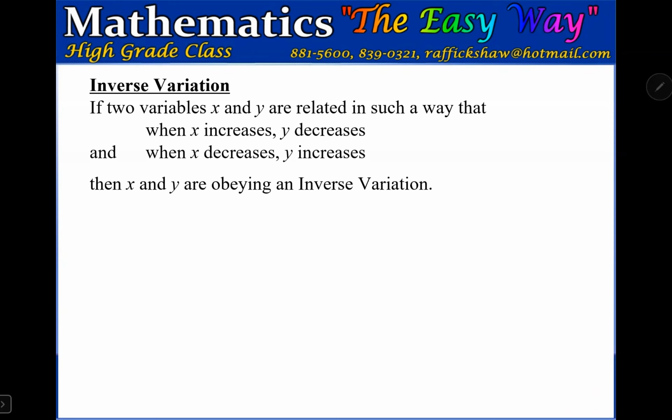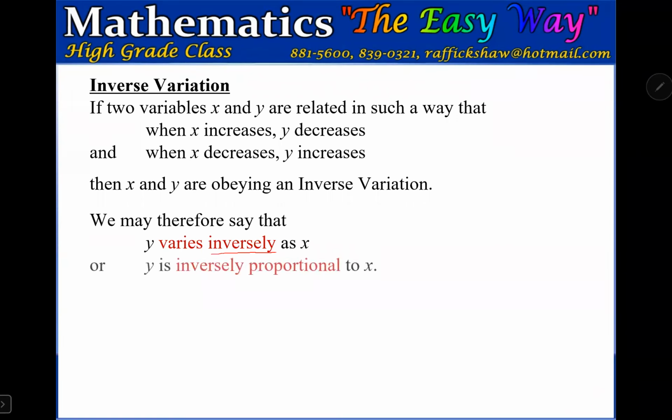And when they obey an inverse variation, we can say that y varies inversely as x. So this is the word you're looking for now, inversely. Or they might say y is inversely proportional to x. That's another way they might say it in the question.